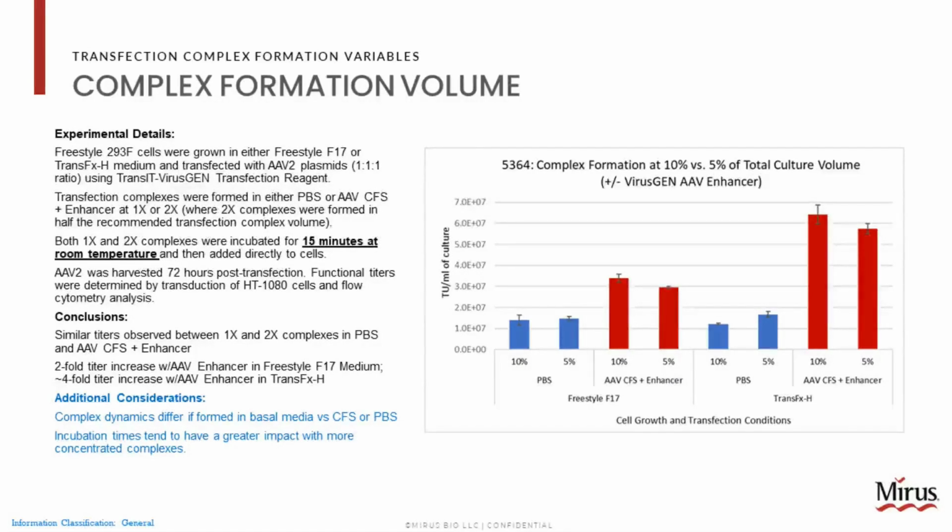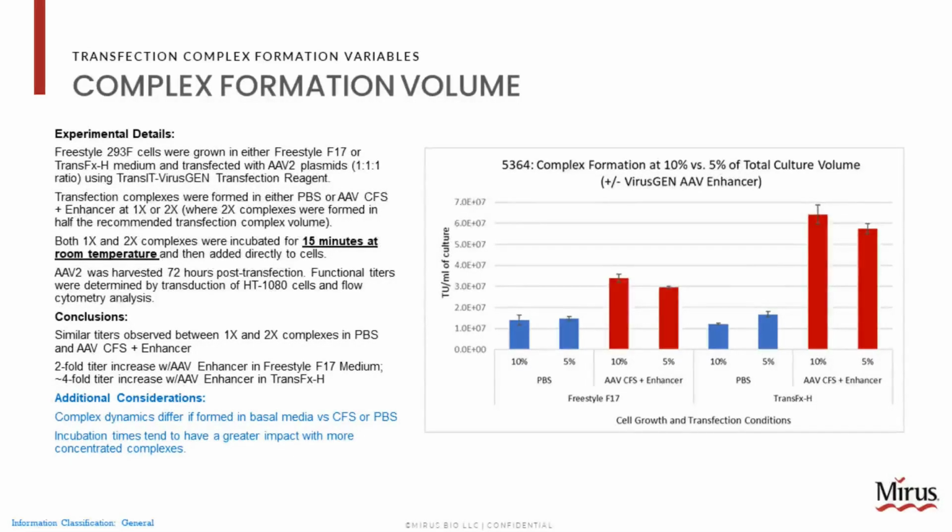But say we scaled up to 1,000 liters. Now we're looking at 250 liters of complex, and this could really be a major logistical hurdle to move and manipulate that much liquid in a very critical and tight time frame. So just something to keep in mind when we're looking at the upper end.